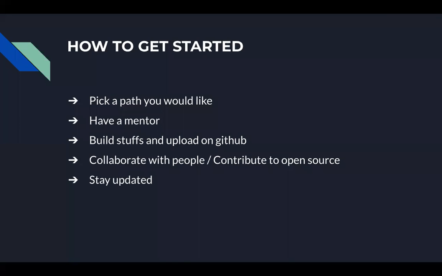Some of us might be familiar with Kotlin already, but that is just what you should do. You should stay updated with things that are changing in your environment, in the software world. So that is how you should get started. That's what you should have in your mind as you are working with the Android platform.